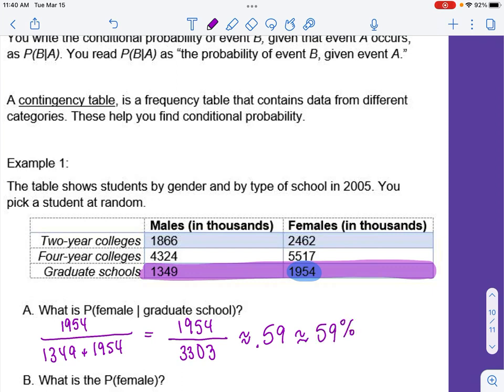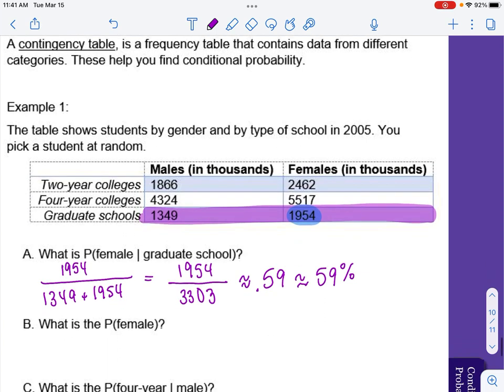Okay? Now part B is actually more similar to our previous lesson in that we just want the probability of female. Now this doesn't mean P times female, it's just the probability of female. So we want to add up all of our females, and then we take that over our total.